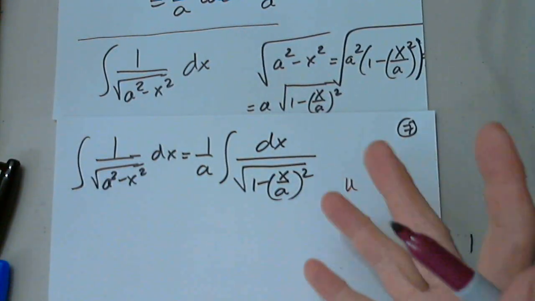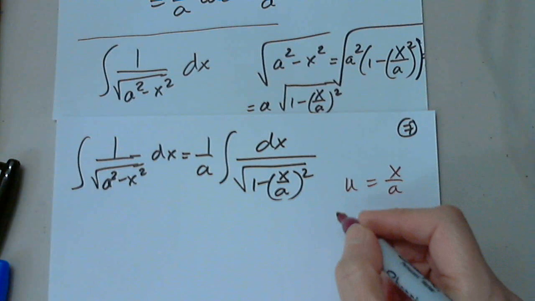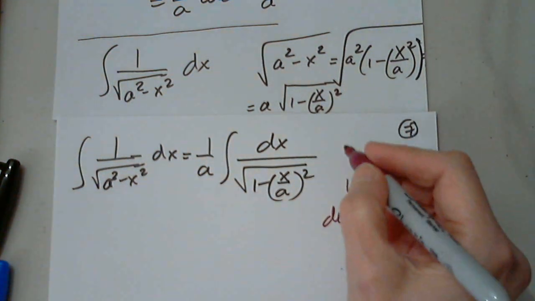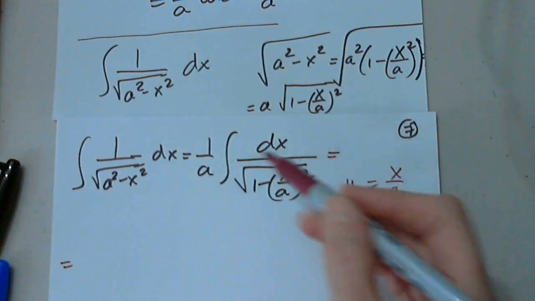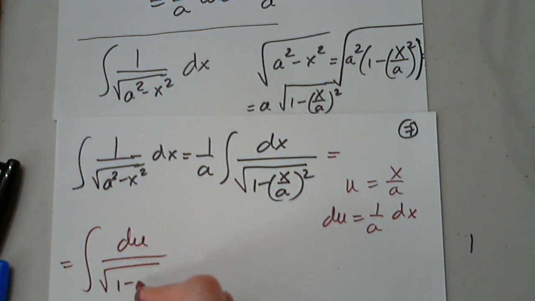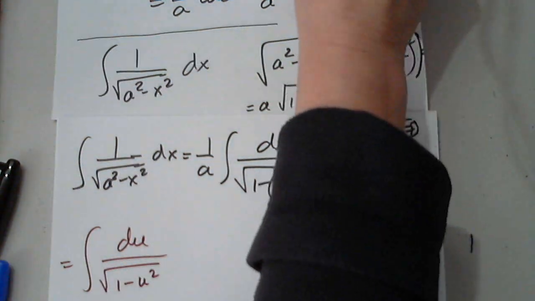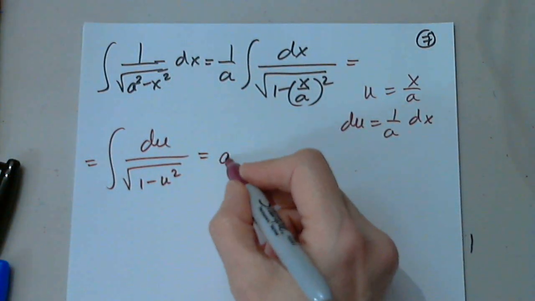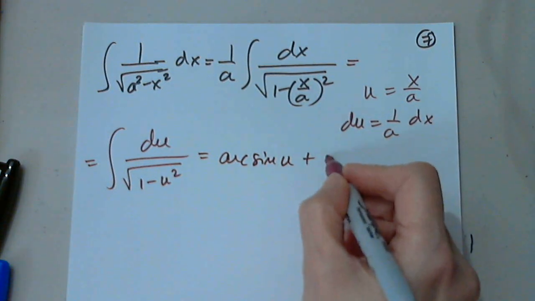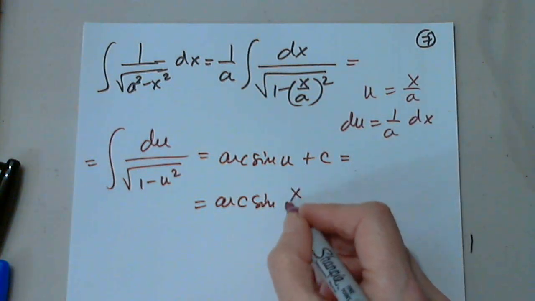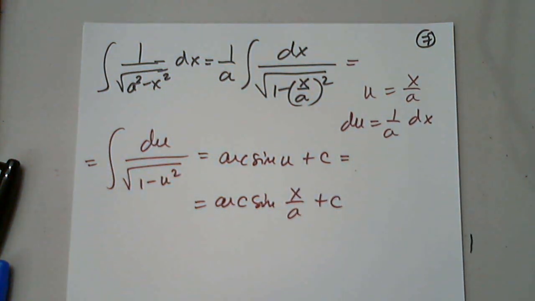Any letter, it doesn't matter. u equals x over a, of course du equals 1 over a dx. And we move on. With the dx that I already have, it is the integral of du over the square root of 1 minus u squared. And we know what this is from a long time ago. This is arc sine u plus a constant c, which is the same as arc sine of x over a plus a constant c. I hope this helps, and the next video will present 7.1.